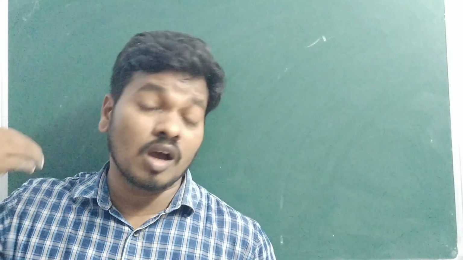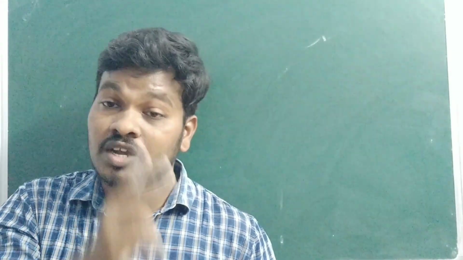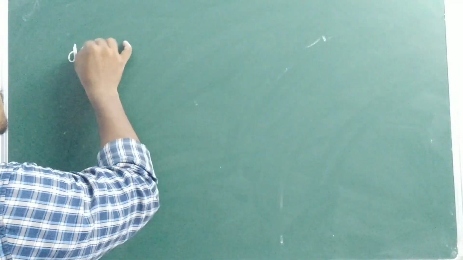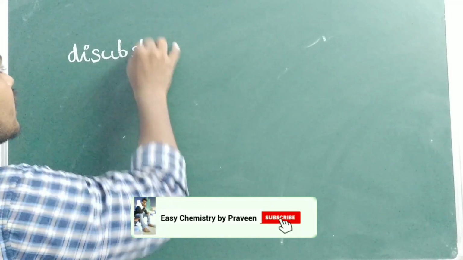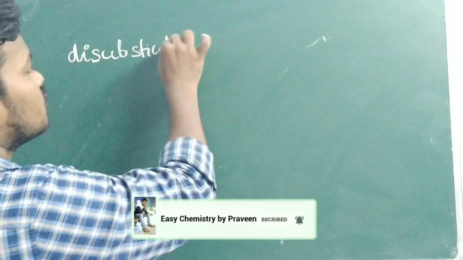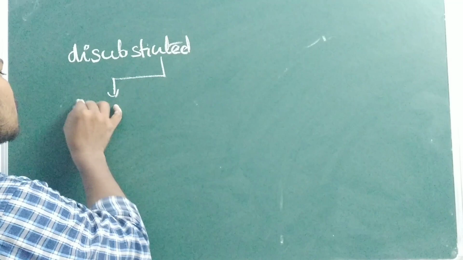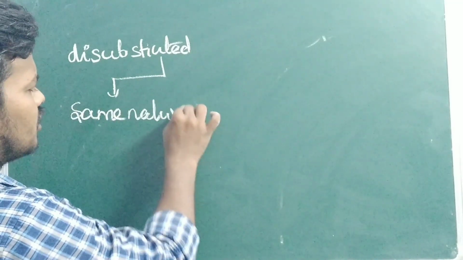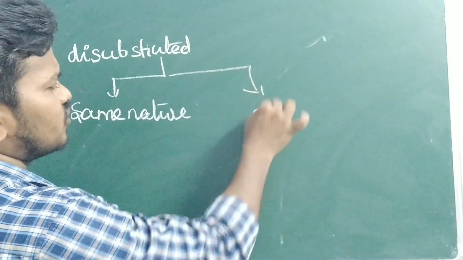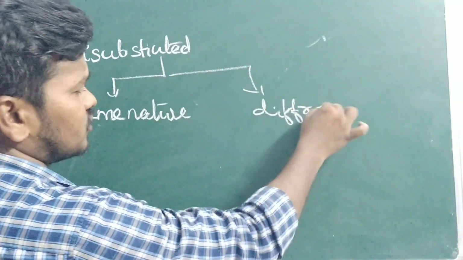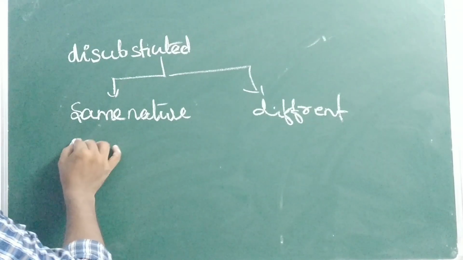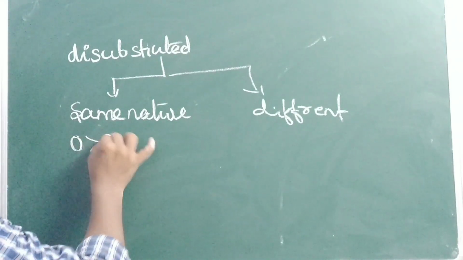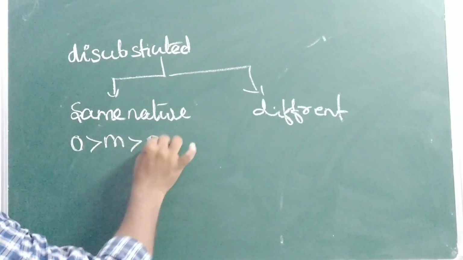Suppose the disubstituted benzene has different groups, meaning different nature. So what will be the dipole moment? For example, in the disubstituted benzene, where the groups are of the same nature, meta and para have the least.